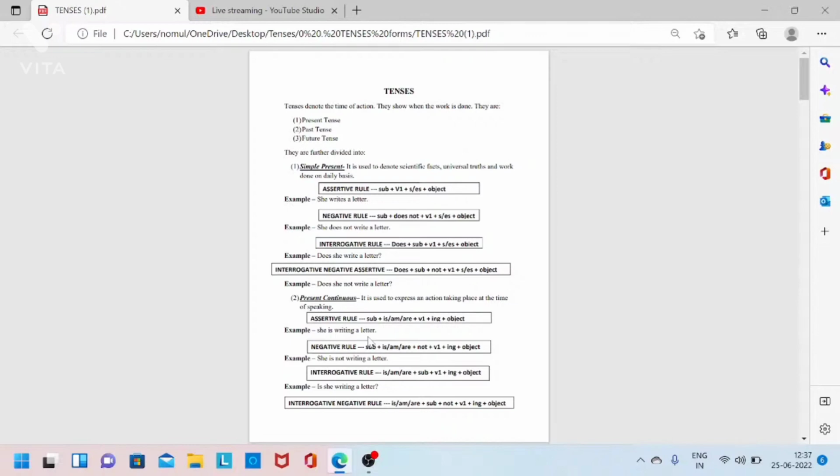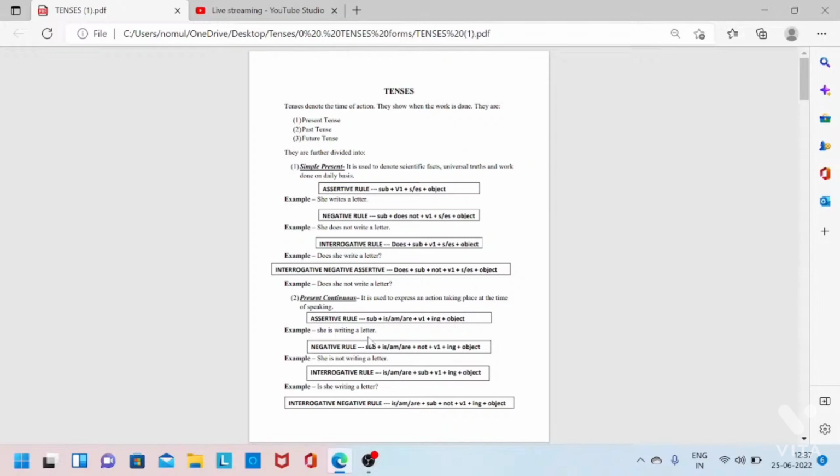So she is writing a letter, it's happening now right away. And for the negative rule, subject plus is, am or are plus not plus v1 plus ing plus object, okay. So here not is being included. She is not writing a letter. This is a negative rule, okay.